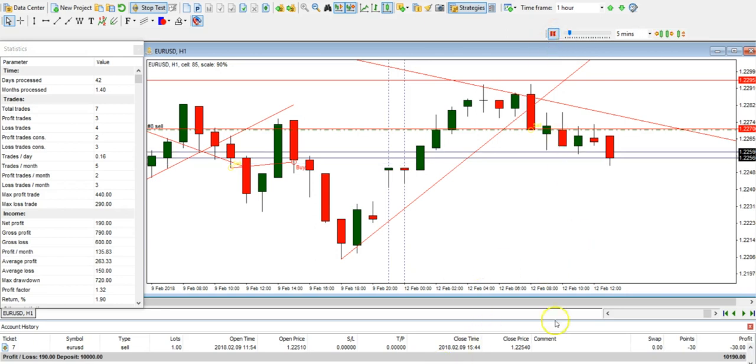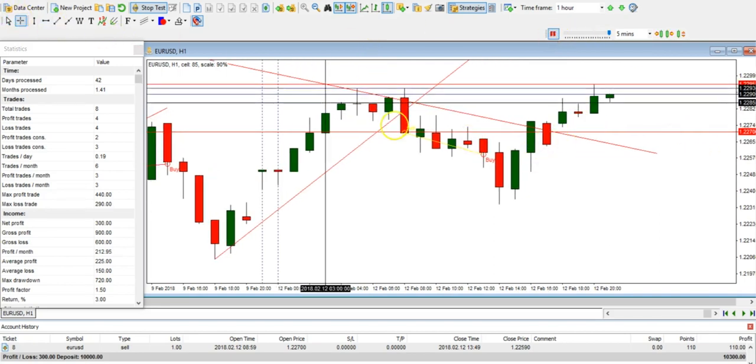Okay, so it's around about 3 o'clock. An hour and a half to go, you're around 20 pips. It's always a good time. So 10 pips there minus the spread. And we'll move on to the next day.